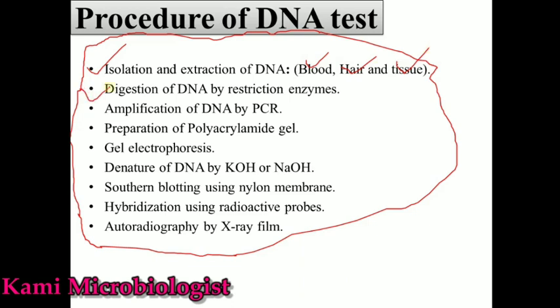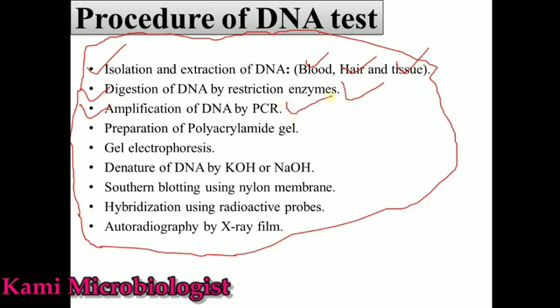After that, once the DNA is isolated, this DNA has to be digested using restriction enzyme, meaning it will be converted into fragments by restriction enzyme. Once the DNA is converted into fragments, we have to amplify this DNA. We have to make copies of these DNA fragments using the PCR technique.